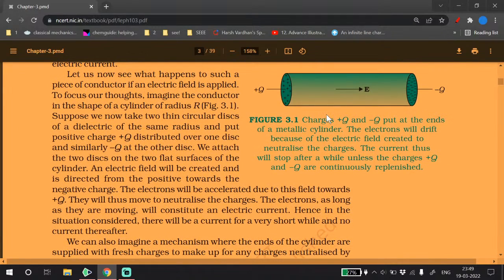This dielectric will contain positive and negative charges, which will approximately create a uniform field along the wire.